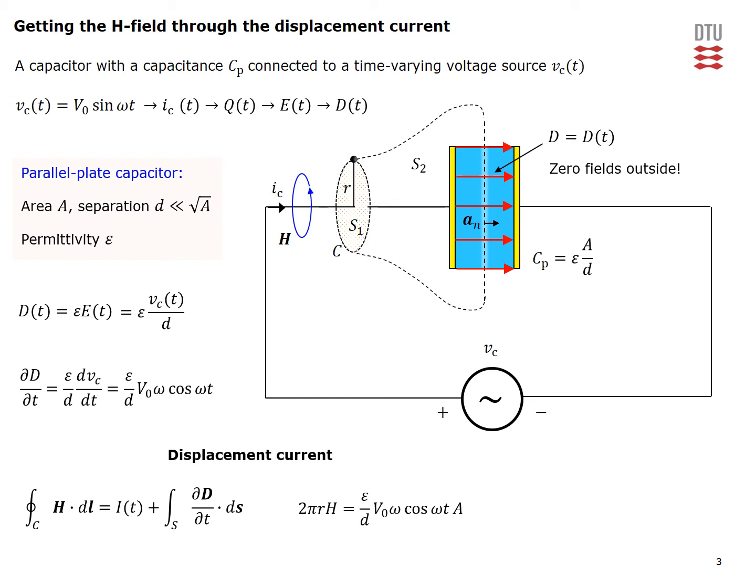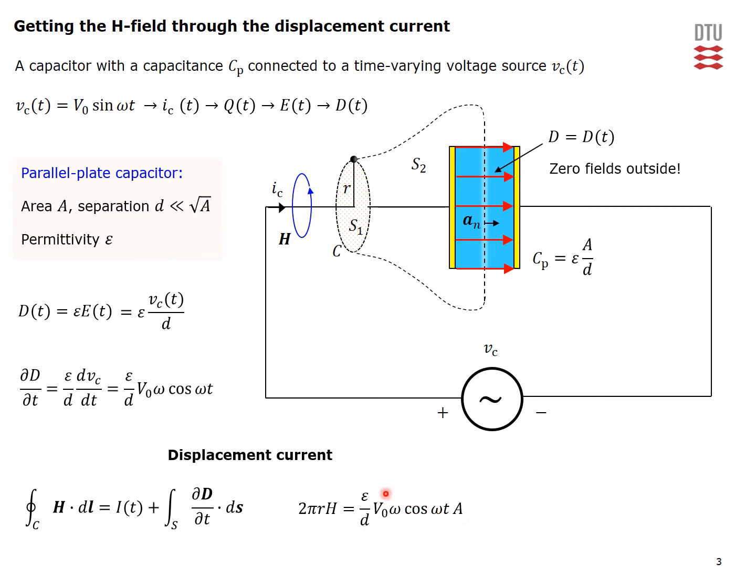So the dot product of the corresponding unit vectors will give unity, and obviously this integration here will simply amount to multiplying with the surface area of the plates, which is the area through which we are taking the flux of this partial derivative of the D field, or the flux of the displacement current. So we have the displacement current density times this area of our capacitor plates.